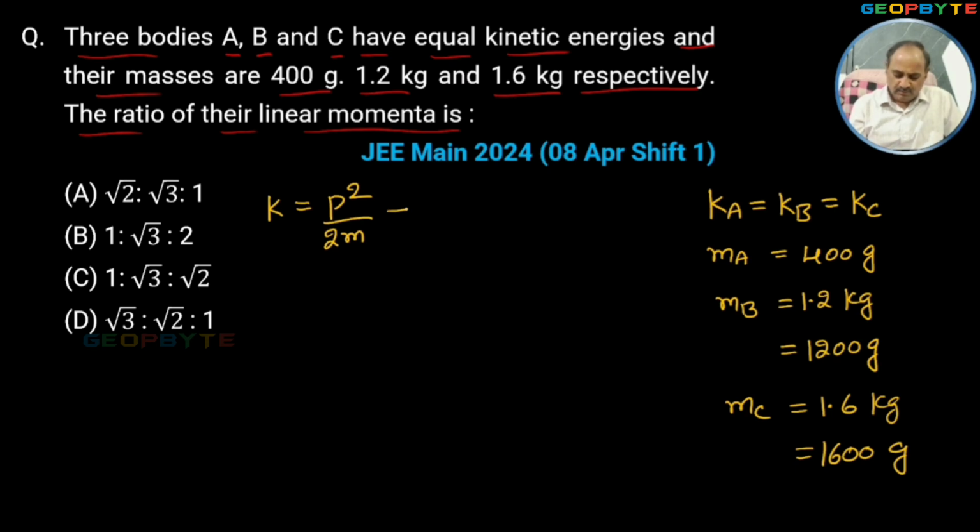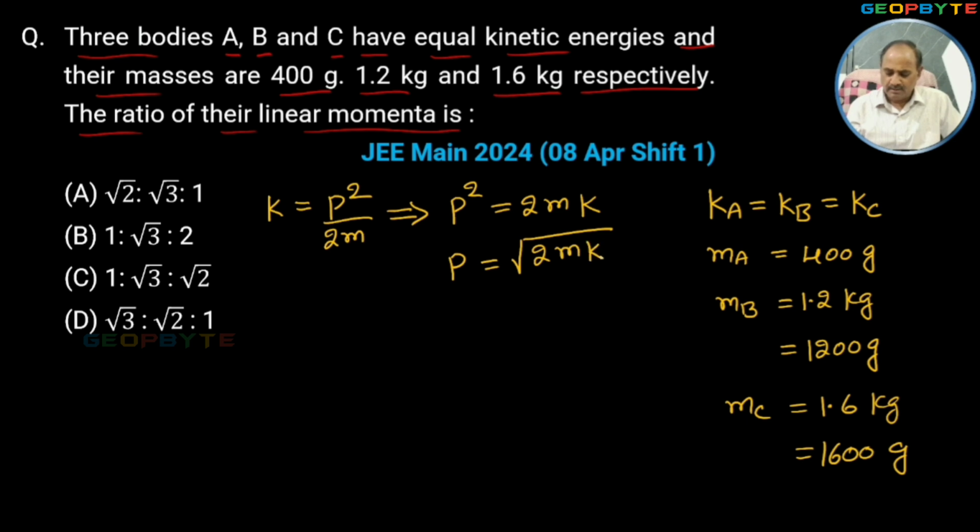Now from this particular relation, the square of the linear momentum equal to 2 times the mass and kinetic energy. From this, the linear momentum equal to root over 2mK, where m is the mass of the body, K is the kinetic energy. Since kinetic energy for all the three bodies remain same, from this I can write that the linear momentum is proportional to root over mass.